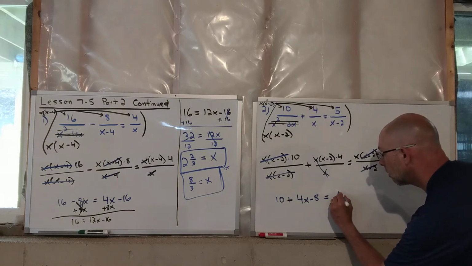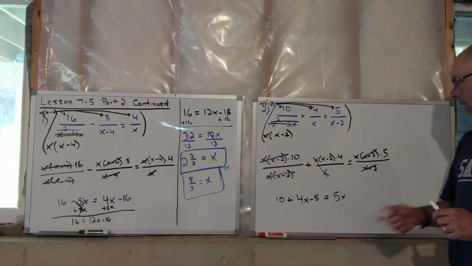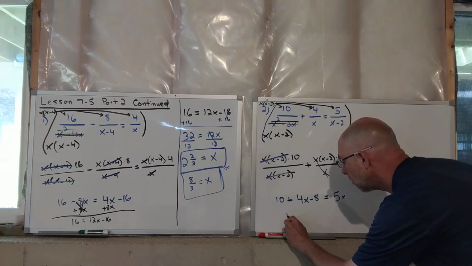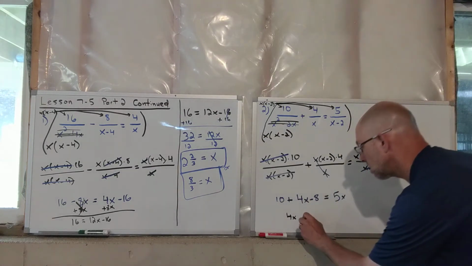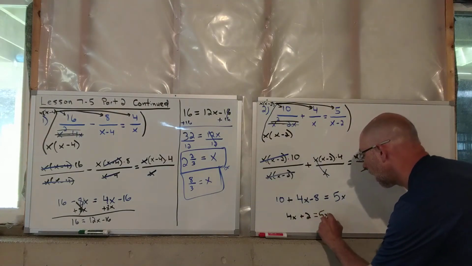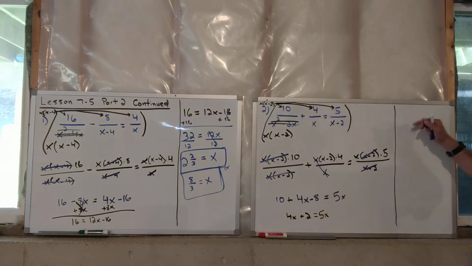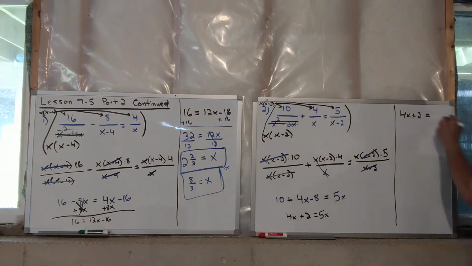That's x times 5 or 5x. Combining some like terms first. On this left-hand side, I have 4x. The 10 and minus 8 are positive 2, so I'll say plus 2 equals 5x. We got 4x plus 2 equals 5x.